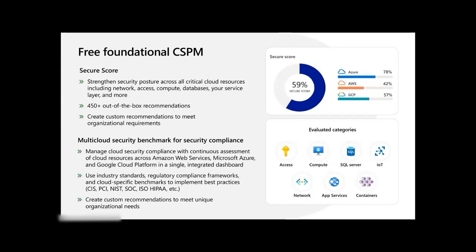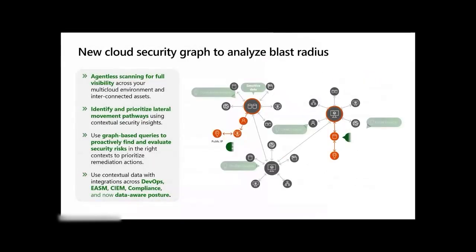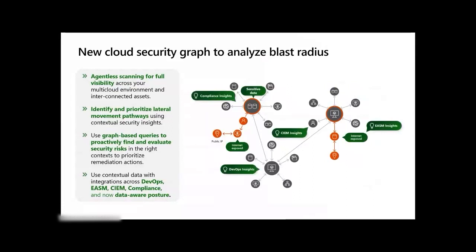If you, however, require more advanced capabilities that allow you to prioritize those misconfigurations, such as the one that you see on this slide here, where you're able to see not just the misconfigurations of the resources, but more importantly, their context, then you would need Defender CSPM.